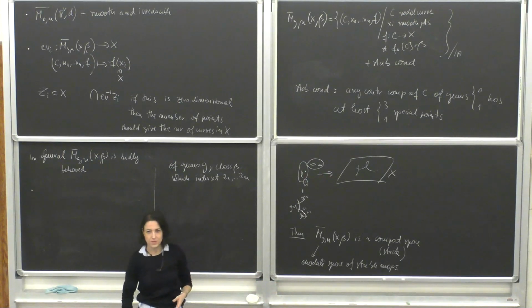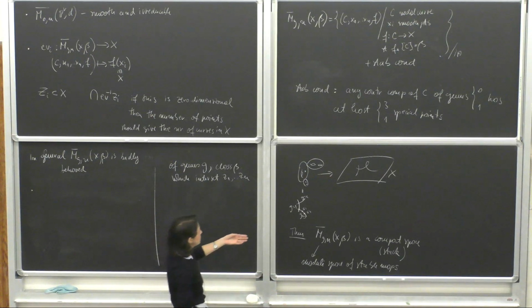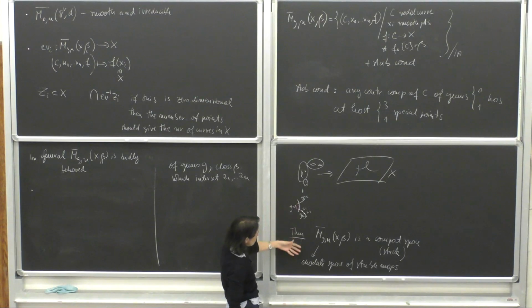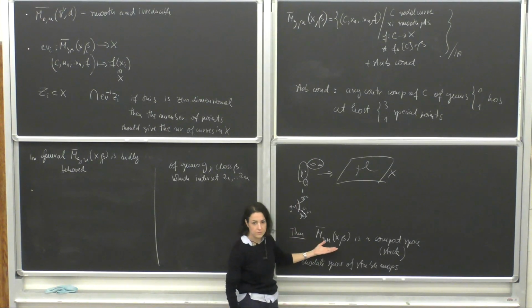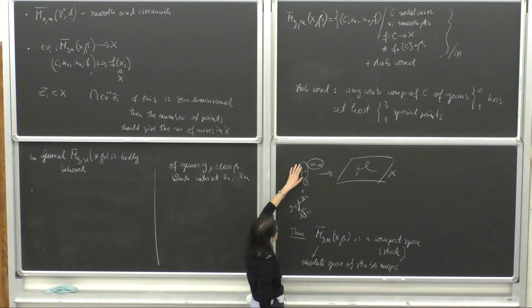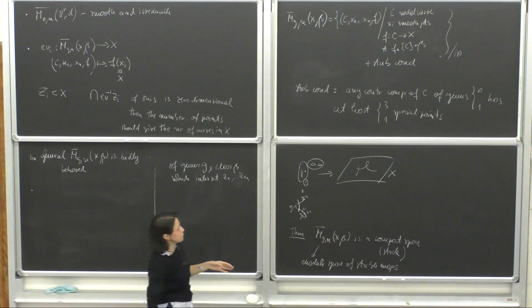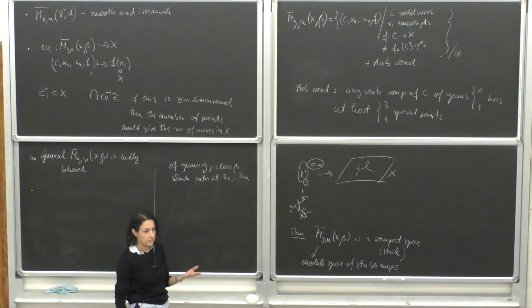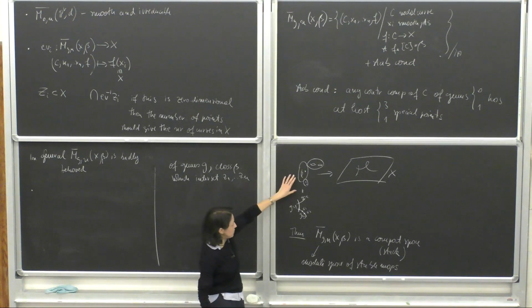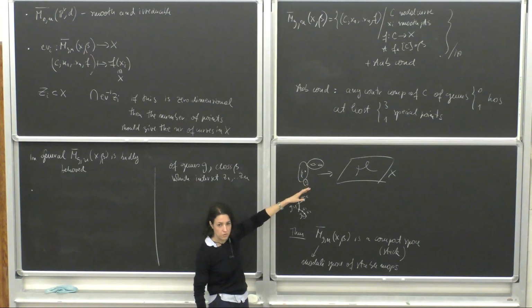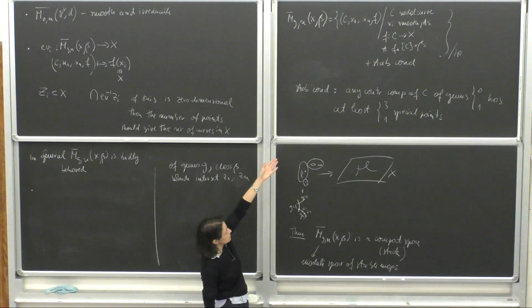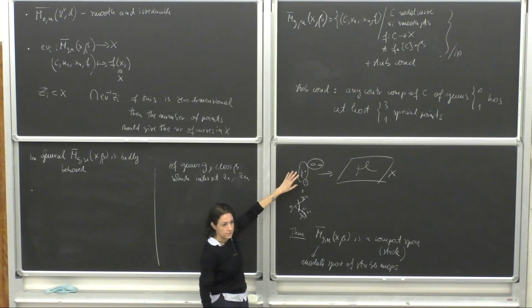I would have a lot of expectations. For instance, if I want to have intersection theory, I should have a compact space. This is important for me. For this reason, ideally, I would have liked my curves to be smooth. But since I cannot obtain a compact moduli space of maps where the curve is smooth, I relax my condition, and I'm allowing my curve to have some singularity.